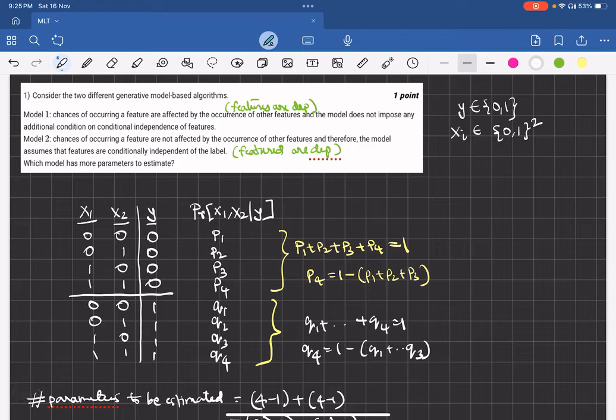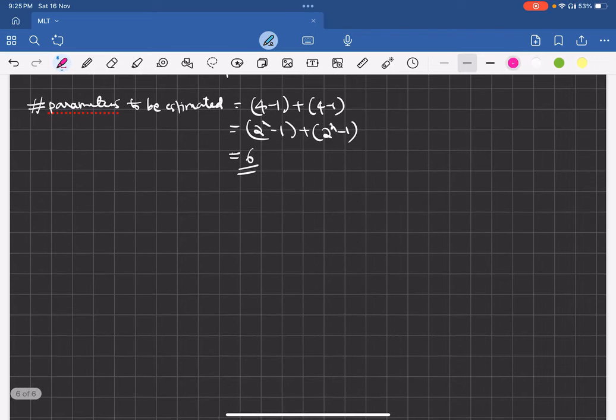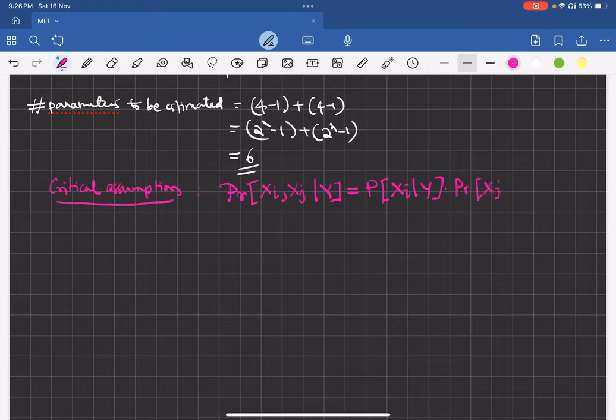Now let us simplify that by saying that suppose we make the very critical assumption. This is the most critical assumption of naive Bayes. And what is it? It is that the probability of xi comma xj given y can be written as probability of xi given y multiplied by the probability of xj given y.